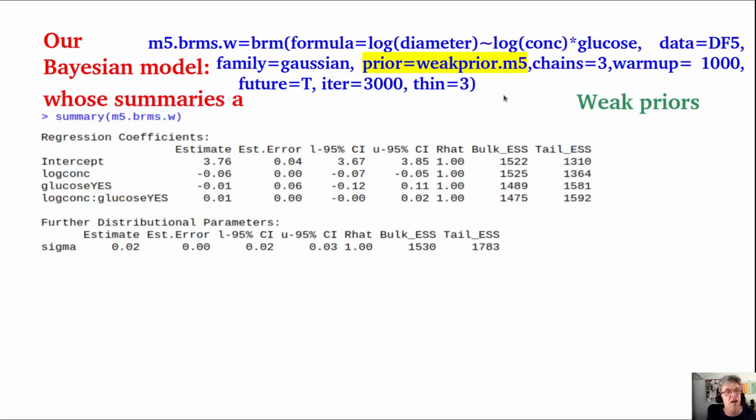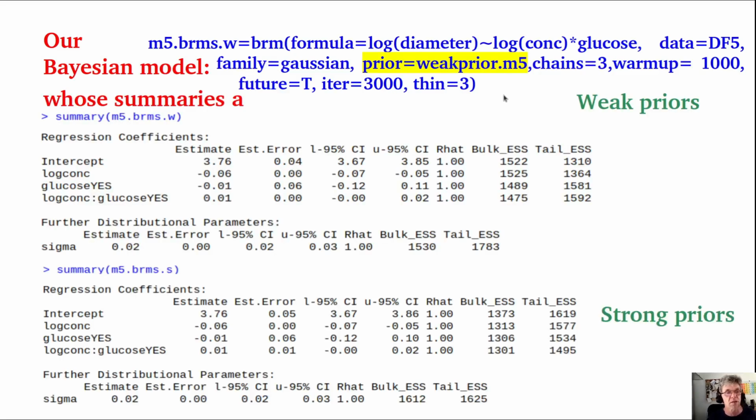Let me show the summaries for the weak priors and the summary for the strong priors, and let's compare the marginal posterior distributions of all parameters for each of these two sets of priors. Let's first realize that both models seem to have converged, as the R-hat statistics are all very close to 1, and we have a very large number of statistically independent samples for each of these two fittings.